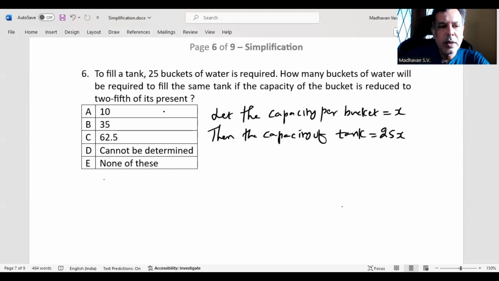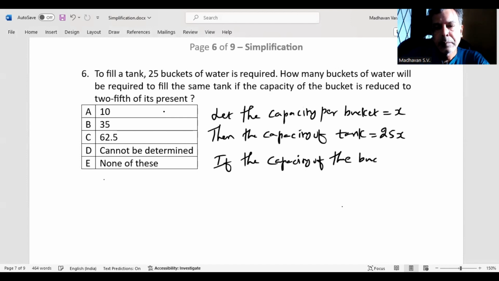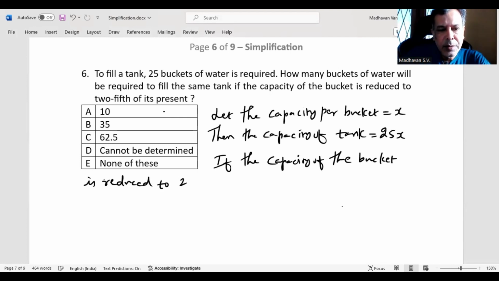How many buckets of water will be required to fill the same tank if the capacity of the bucket is reduced to 2/5 of its present? If the capacity of the bucket is reduced to 2/5 of its present, means 2/5 times of X. Then how many buckets are required?